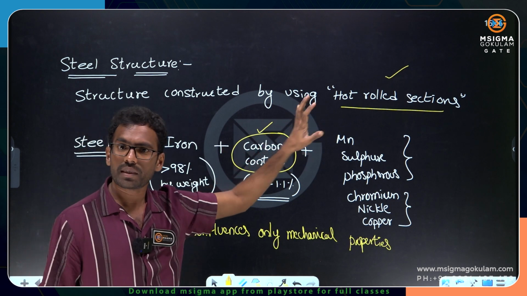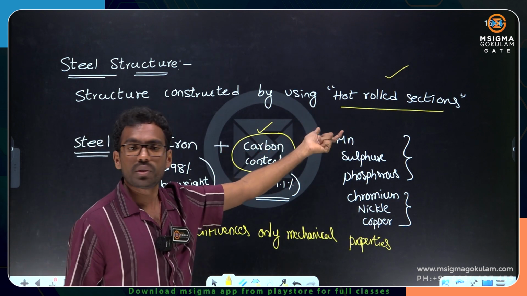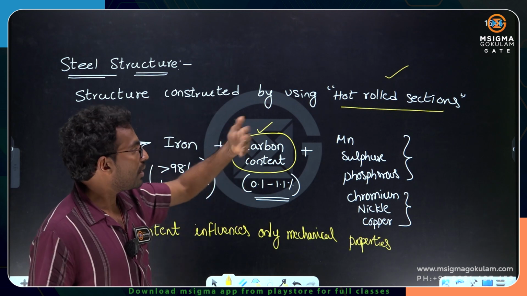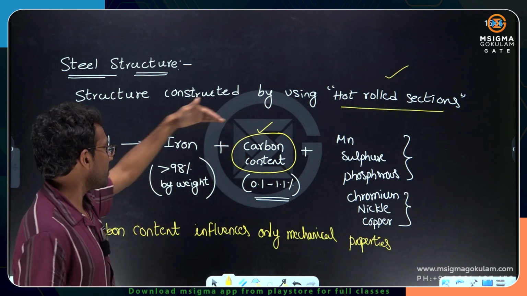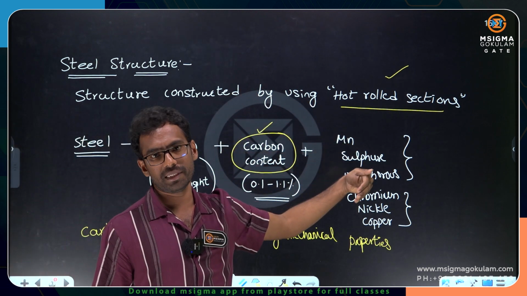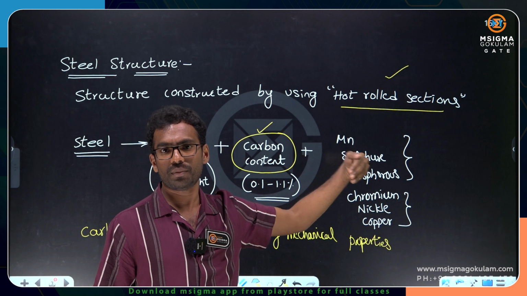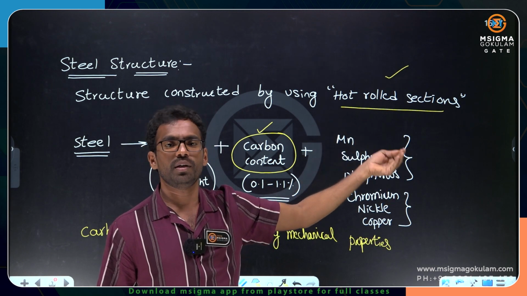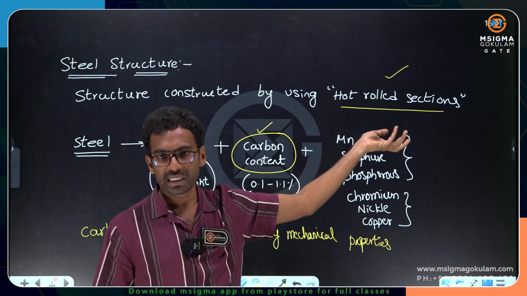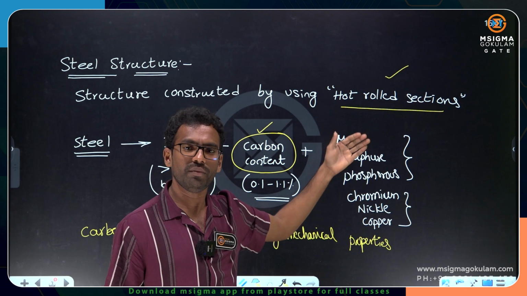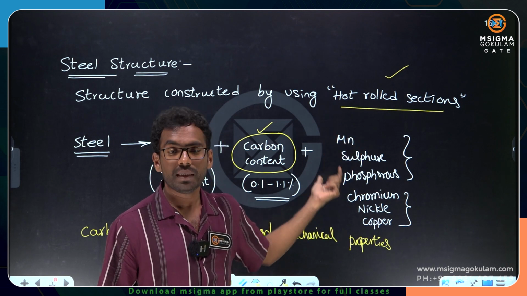Then I started explaining what steel is, what the different types of steel are, what the physical properties and mechanical properties are, how low carbon steel, medium carbon steel and high carbon steel behave, and what the practical applications are. I told all those things. So we are going on the right path, in a systematic way.